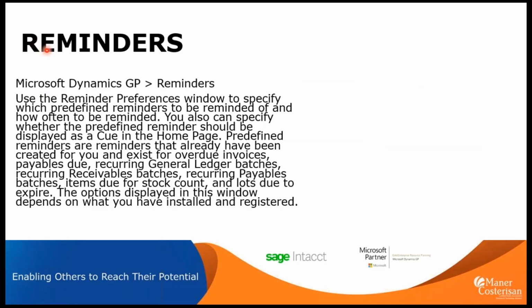People use reminders to set up queues on your home screen, like I was saying before. When you log in, it is based on a set of conditions, normally based on SmartLists, such as it tells you the overdue invoices, recurring batches to post, and it allows you to then remember to go out and take care of those items.